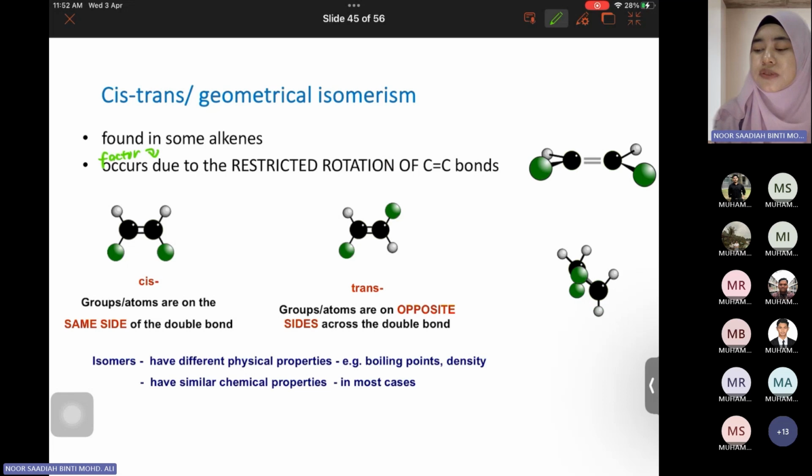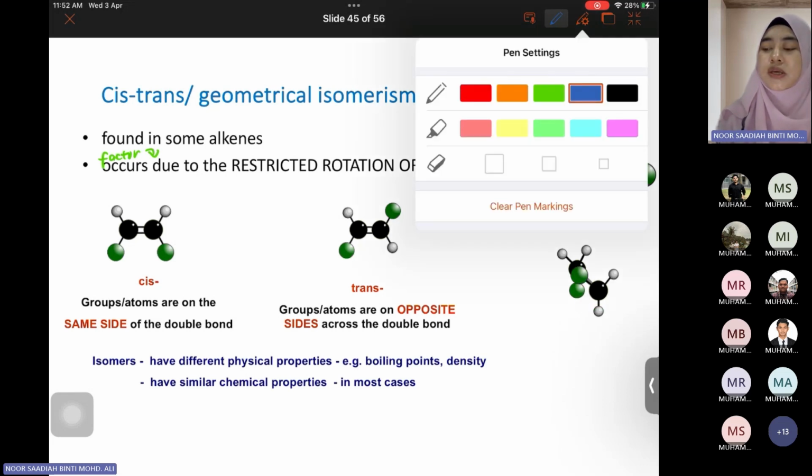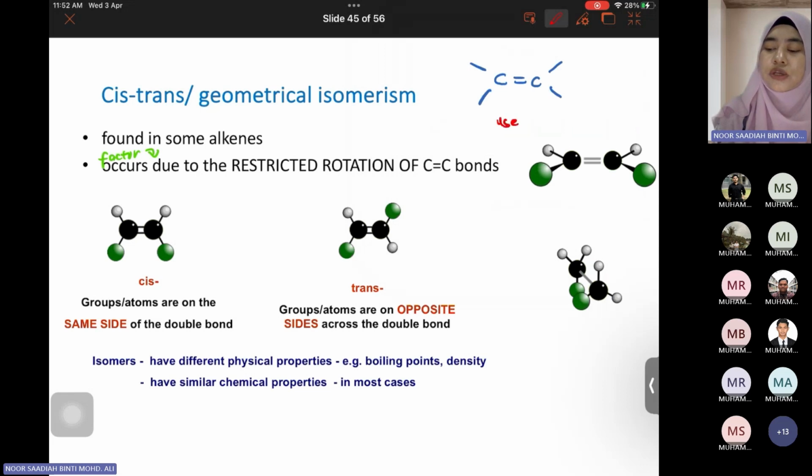One thing about cis-trans isomerism: make sure you use the template of trigonal planar like this. If the organic compound can form cis-trans isomers, make sure you work with this template, trigonal planar.